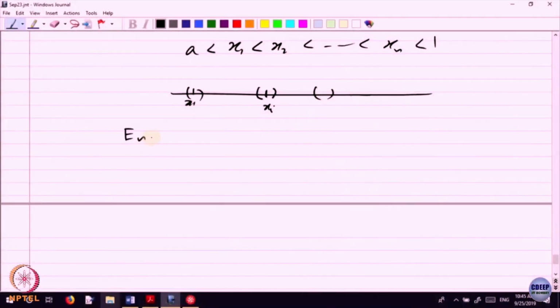There are only finitely many. So let us enclose these points in intervals of total length small.